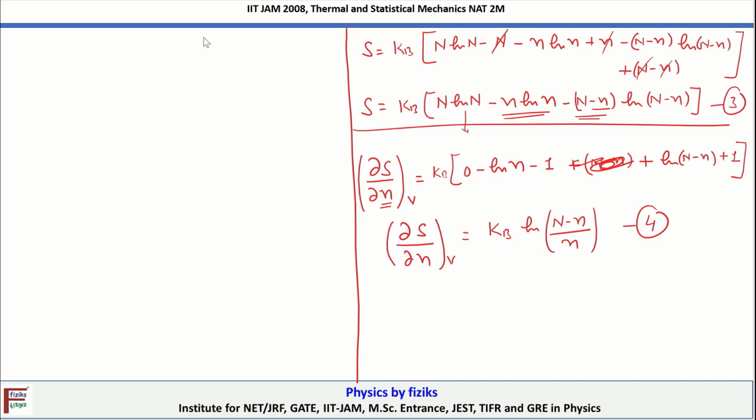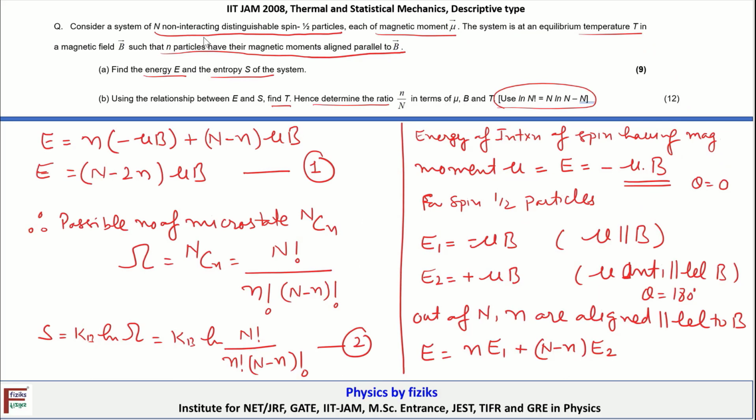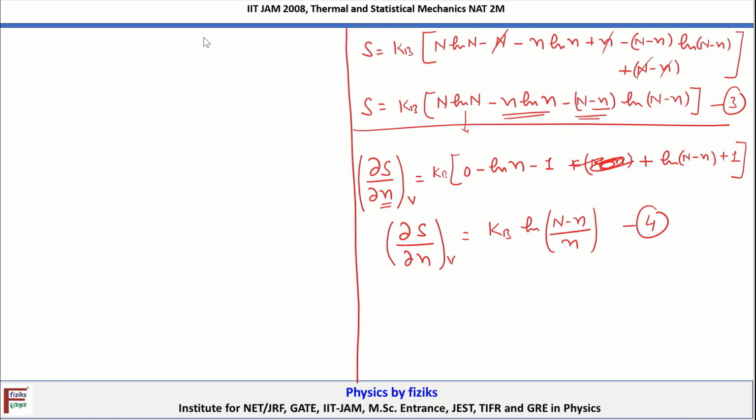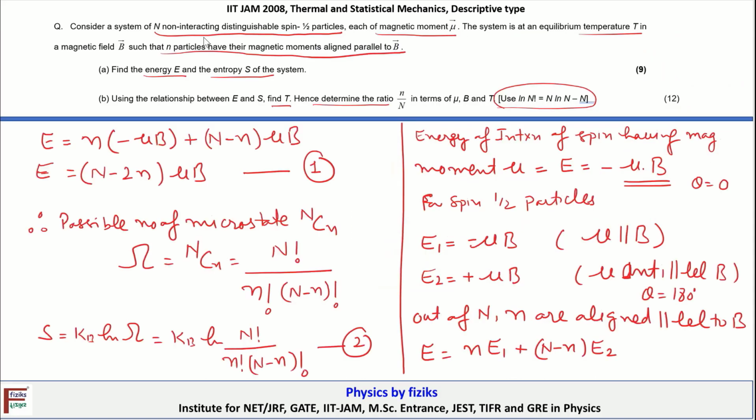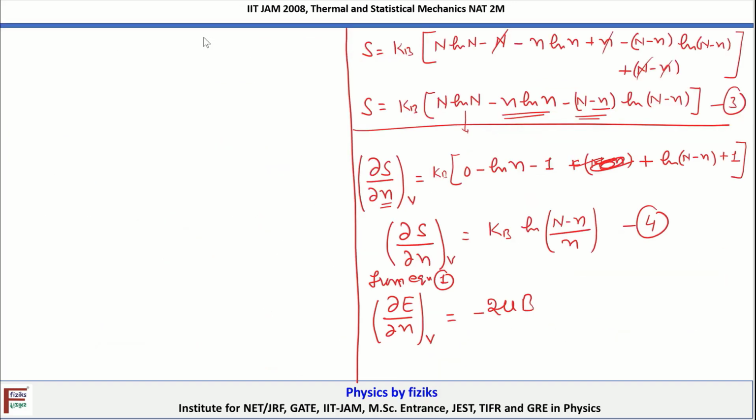Also, from equation 1, which is the total energy of the system, we will obtain dE by dn at fixed volume. This is equal to minus 2 mu B. Why minus 2 mu B? Because it's dE by dn, so minus 2 then mu B. Let's call this result 5.